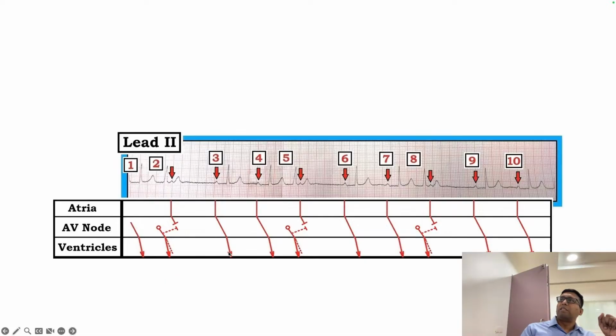Here it is normal conduction. Again, this is a junction which is going down, and the P wave coming from above is getting blocked. Conducted, junction. So a junctional escape is coming, and slow and fast pathways both are coming. One is getting blocked, and the tachycardia is not happening.